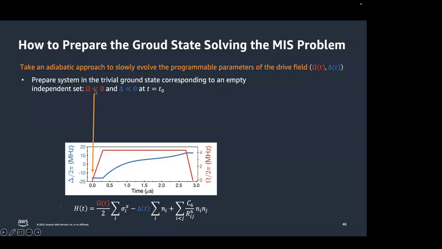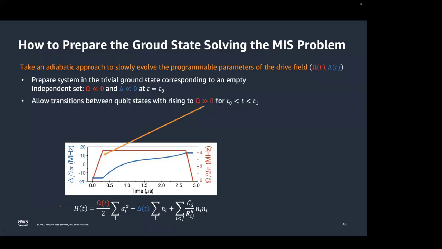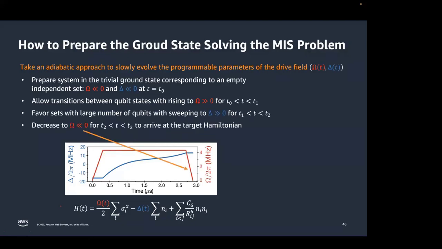You prepare the system in a ground state where all the atoms are in the ground state, and then you drive the parameters in such a way that atoms go from the ground state to the excited state. Any transition of qubits from the ground state to the excited state is like the qubits going from 0 to 1, right? And at the end you can make a measurement to find out what the state of each qubit finally is.